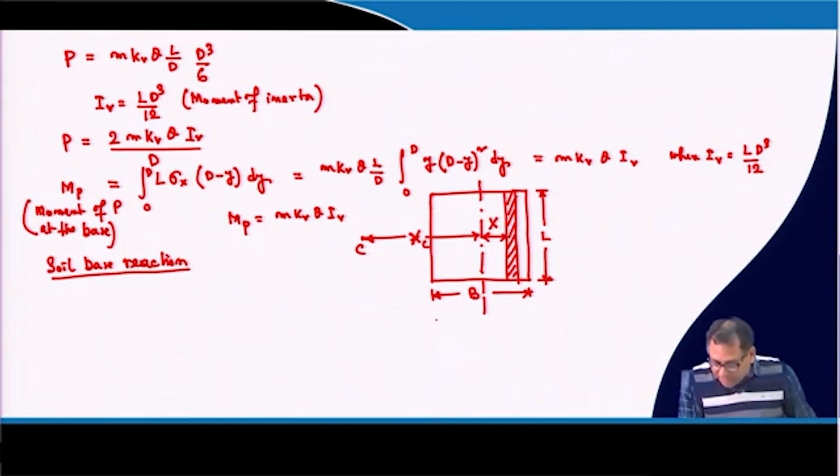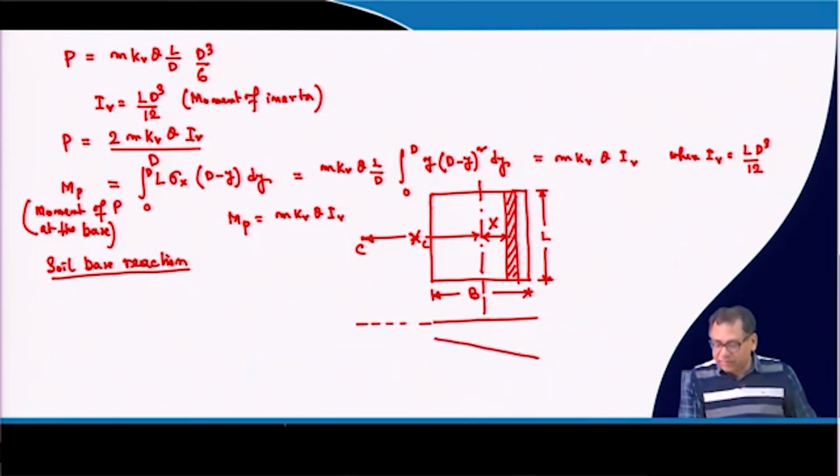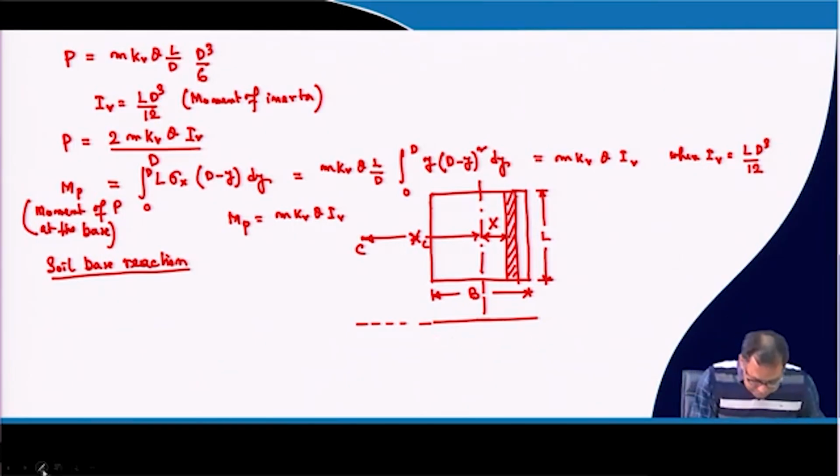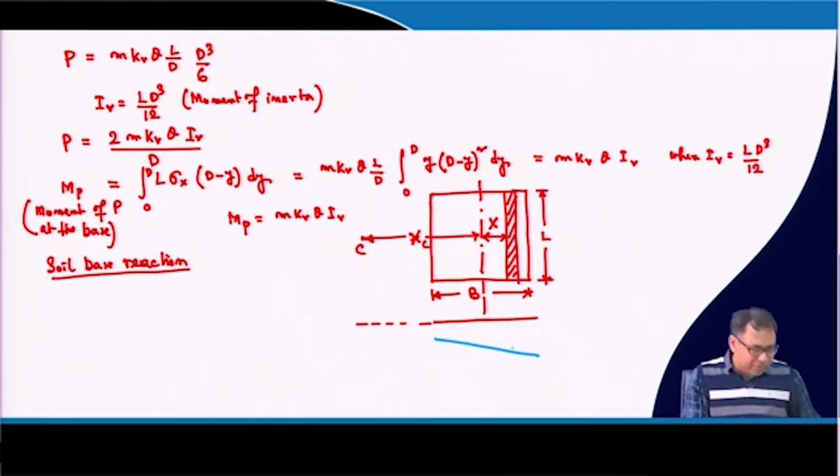The amount of rotation of the well base: this is your initial position, and after the rotation, this is the rotated position of the base.